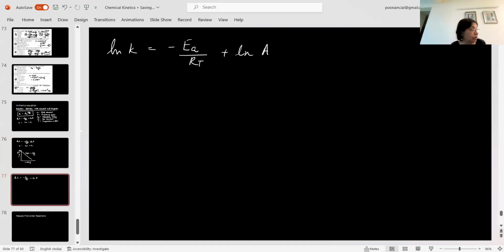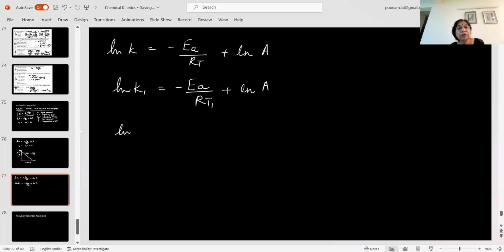So I will write two equations. First, ln K1, the rate constant at temperature T1, will be equal to minus EA by RT1 plus ln A.